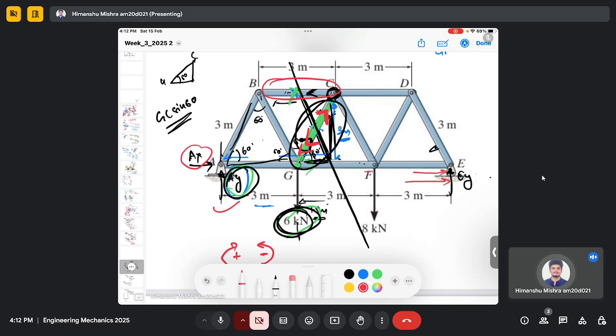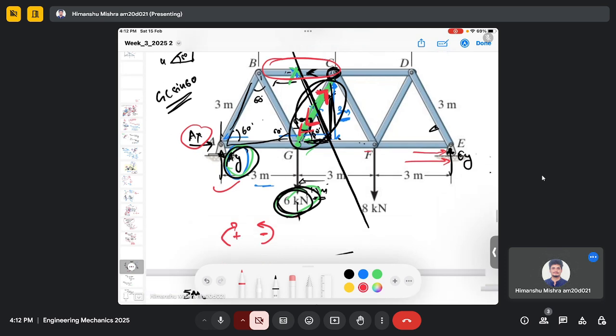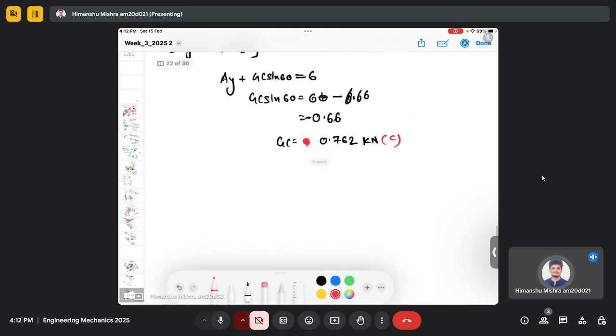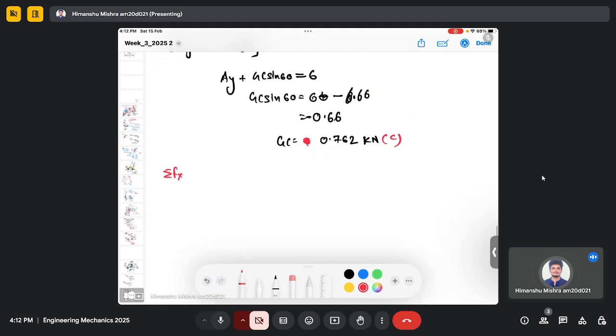I already know the force in GC, so I can calculate the x component of GC, and that will be equal to the force in CB if I do the summation of force in the x direction, considering the left side of the truss.